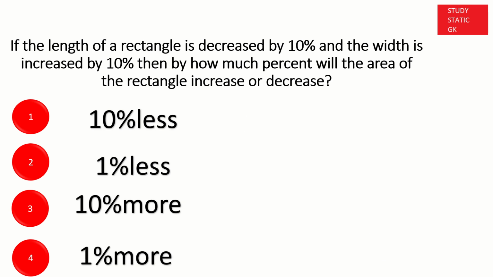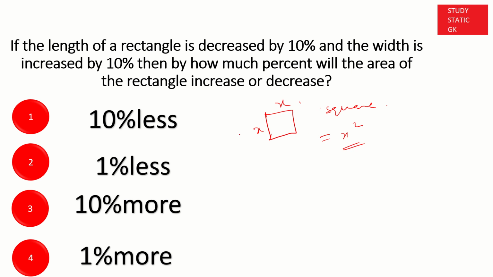Next. The length of the rectangle is decreased by 10% and width is increased by 10%. Then by how much percent will the area of the rectangle increase or decrease? Okay. So for our convenience, let's take a square. Square is nothing but x and x, and the square's area is x square.